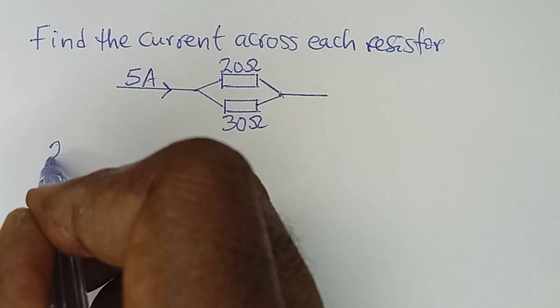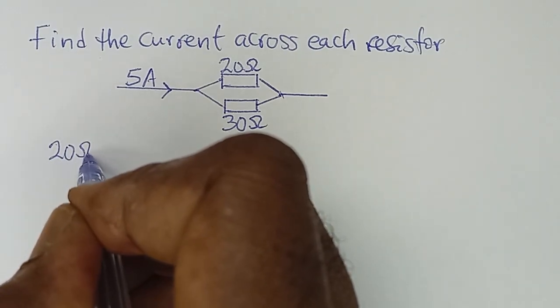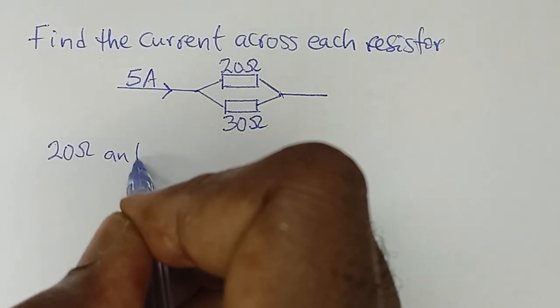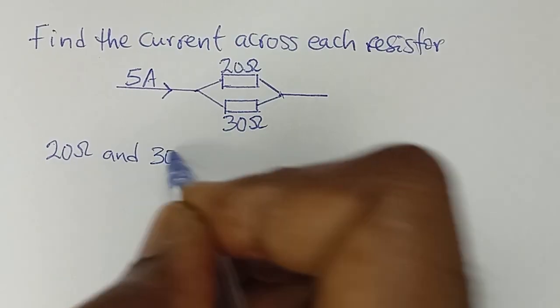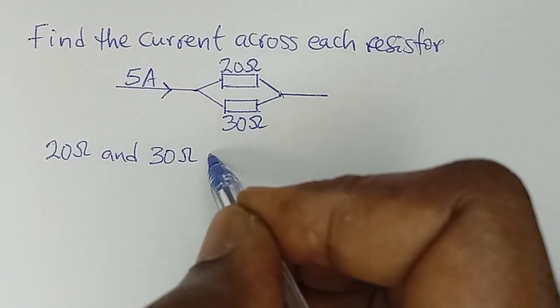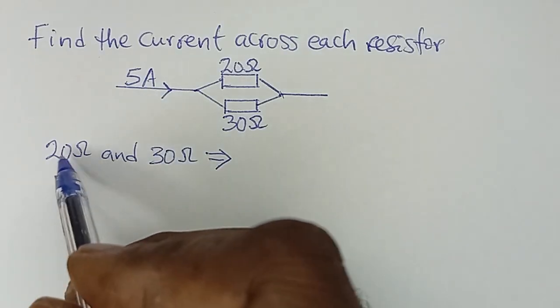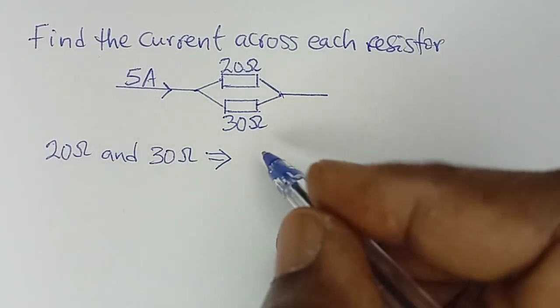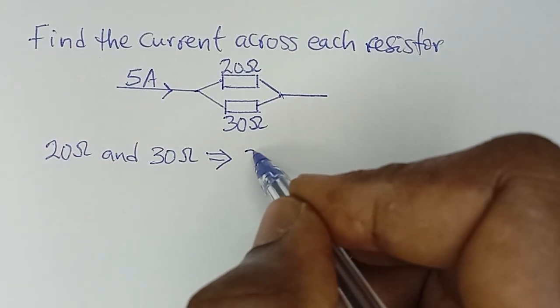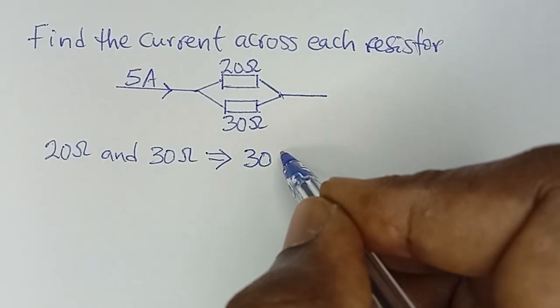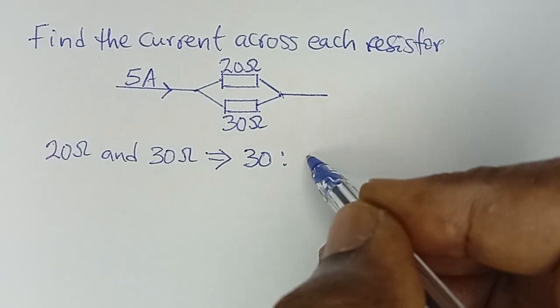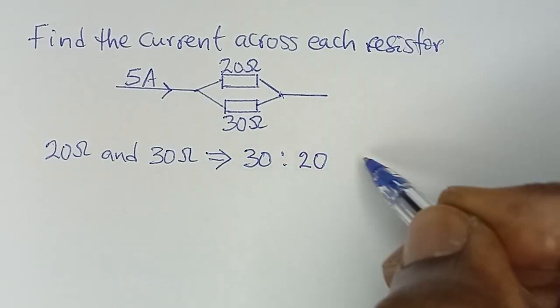Don't forget the resistors are 20 ohm and 30 ohm. And now we are going to share this current of 5 amp between these two resistors in the ratio 30 is to 20 respectively.